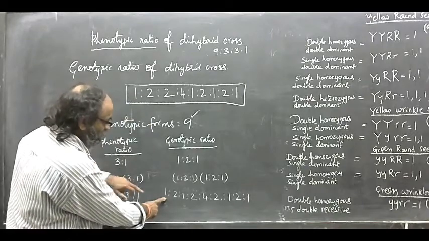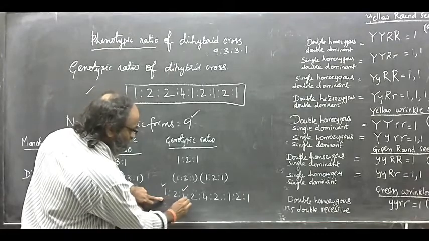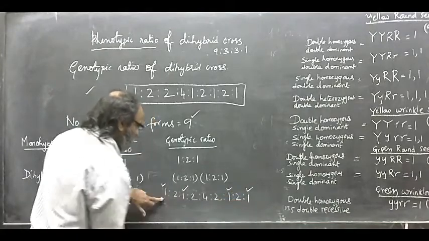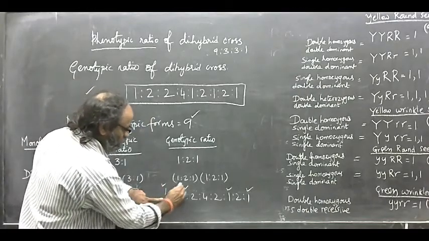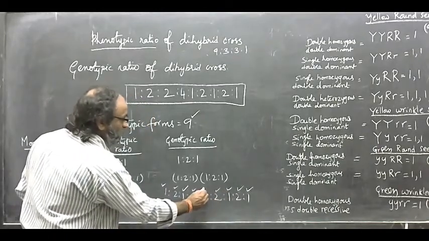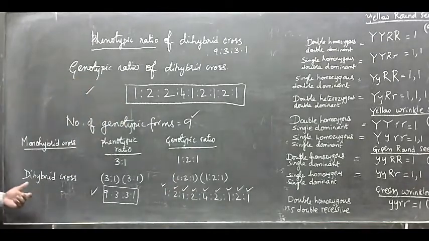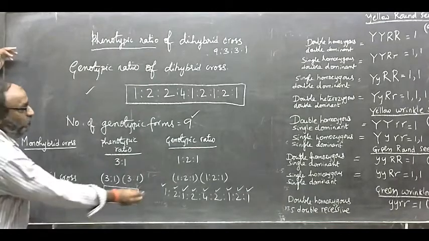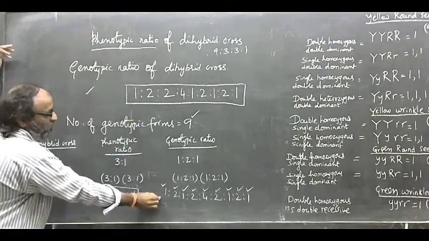This is a cross checking. So this is the genotypic ratio of a typical Mendelian dihybrid cross F2 generation. You can express the genotypic ratio either in this form or in this form.